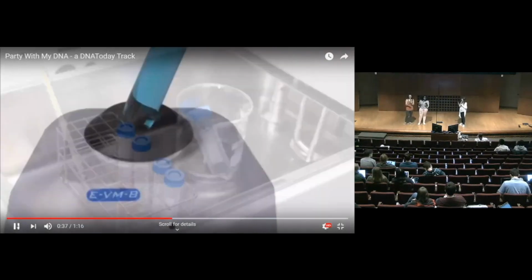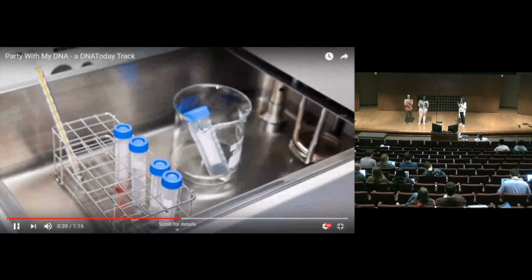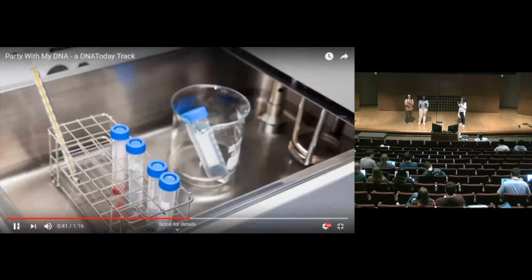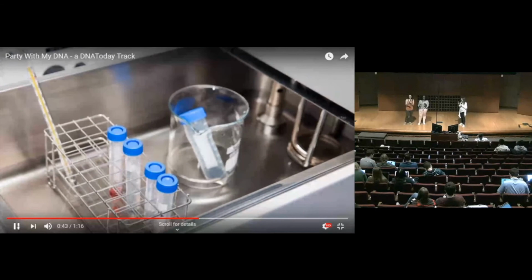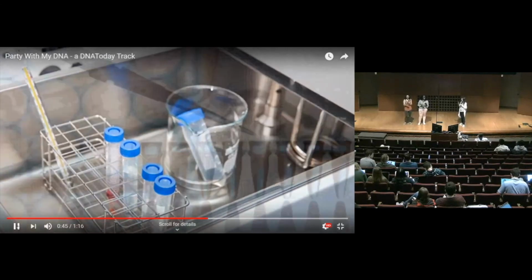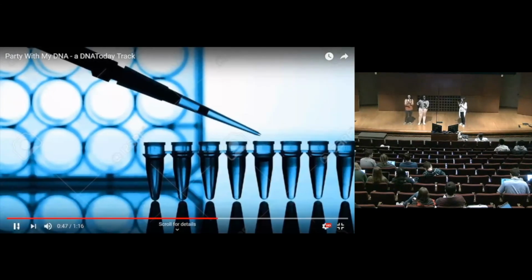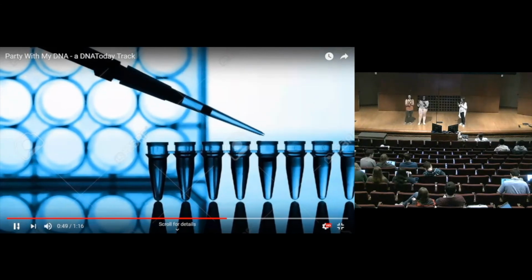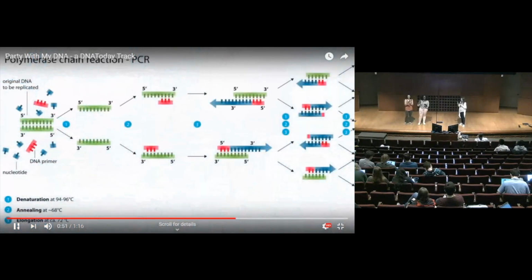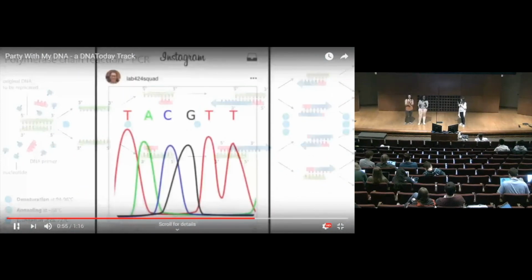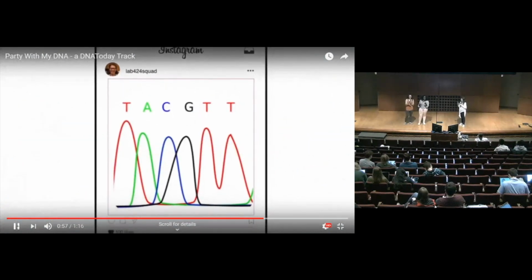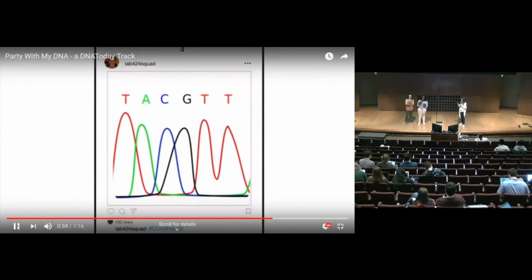Don't forget to vortex it, then you've got the hot water bath. We're gonna put it in the water bath. Then I take my tube out of my pipette. We're extracting our DNA. Some polymerase chain reaction. We're gonna put the DNA in action. Let's look at electropherogram. I can post a pic to Instagram.